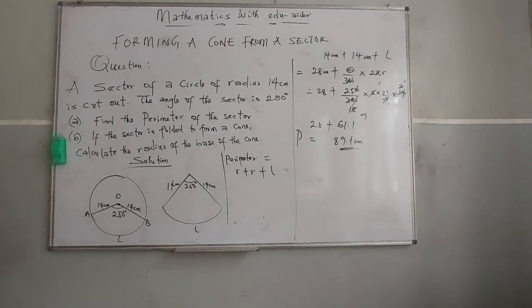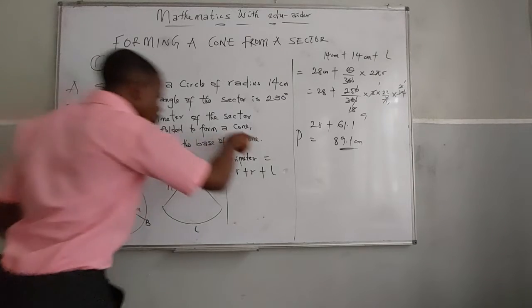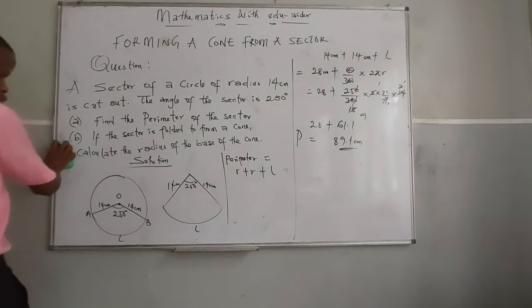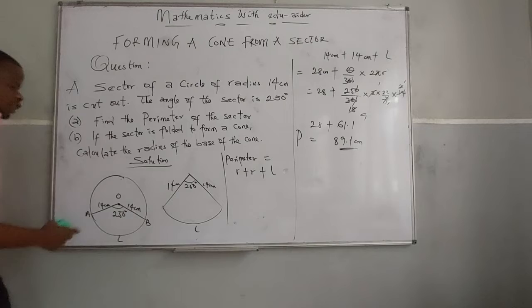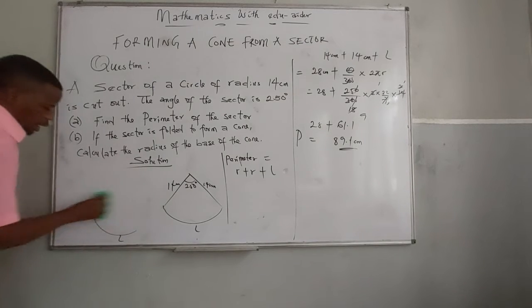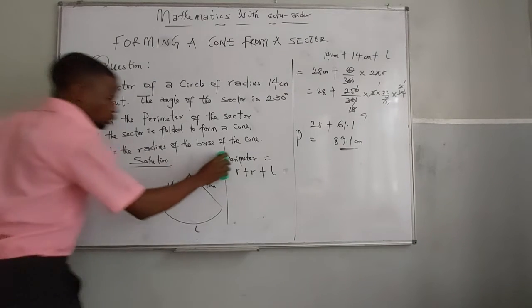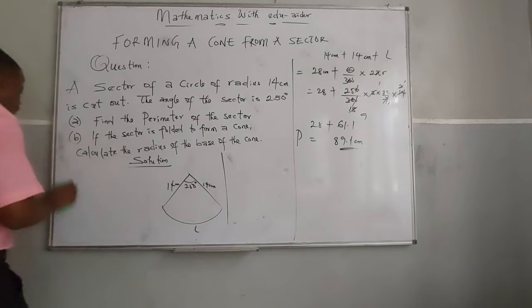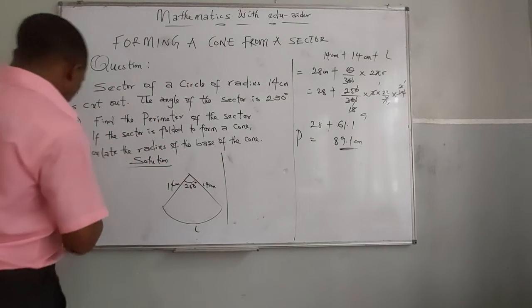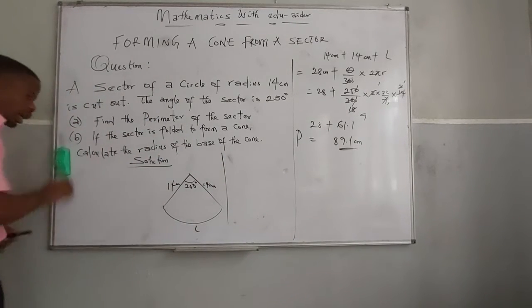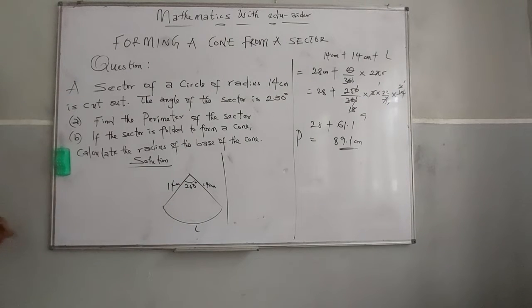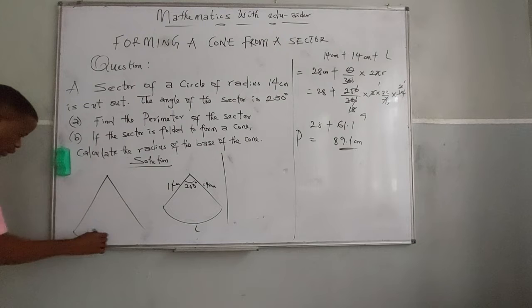Now let's go to the next question. The question says, if the sector is folded to form a cone, what are we going to be adding? If it's folded to form a cone, you're going to have a cone like this.